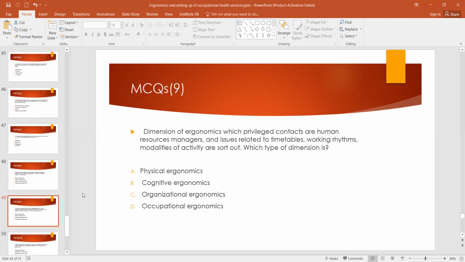The dimension of ergonomics whose privileged contacts are human resource managers, and where issues related to timetable, working rhythm, and modalities of activity are sought out: which type of dimension is it? C, organizational ergonomics.